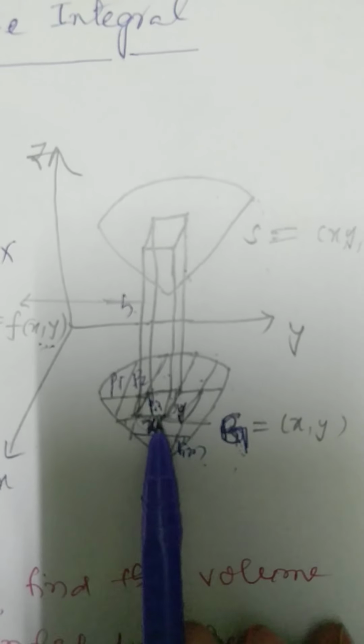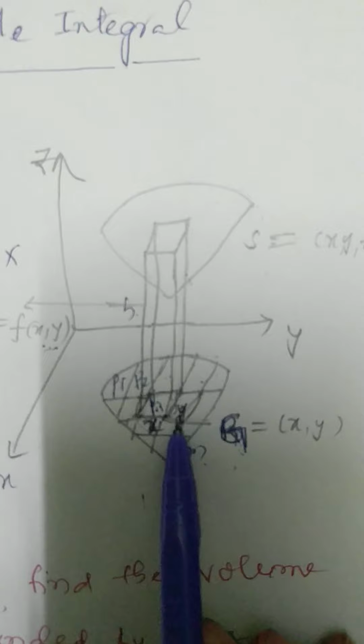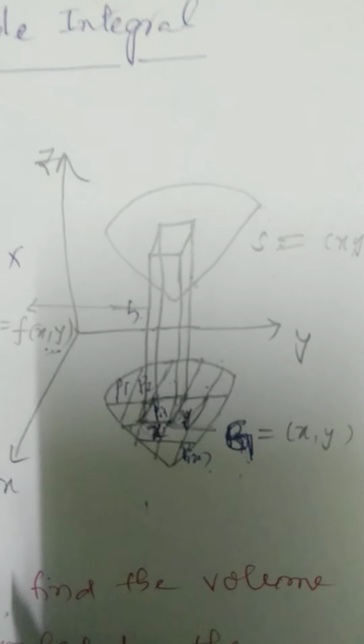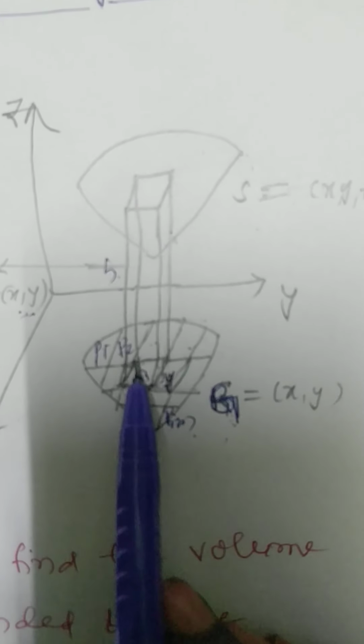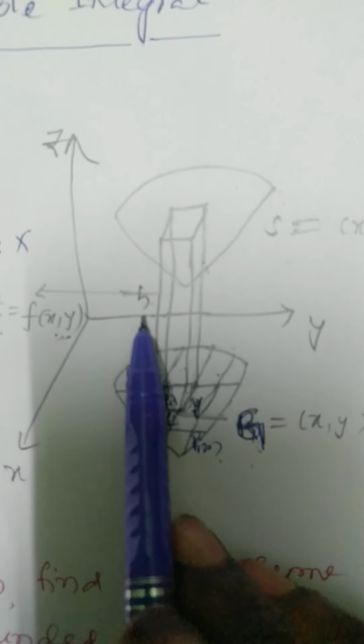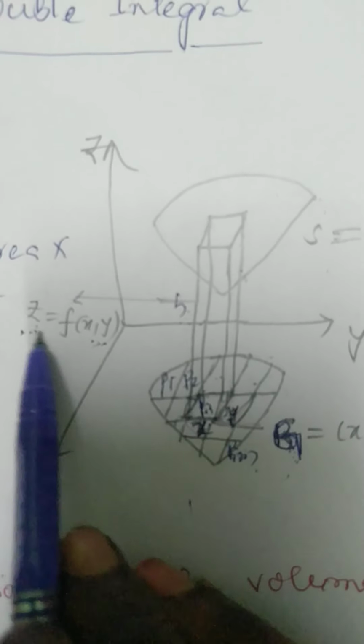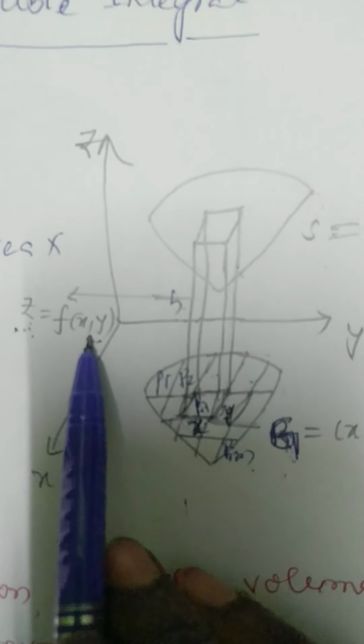Now let Pi be one of the rectangular partitions of length x and breadth y. Now by using this rectangular base, I am going to construct a rectangular parallelepiped of height h. Your height h is nothing but your z, that equals f of x comma y.